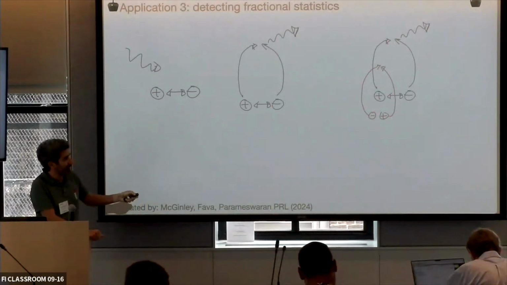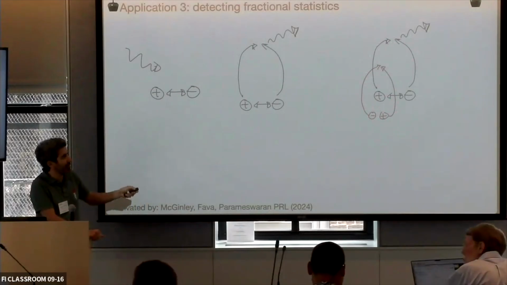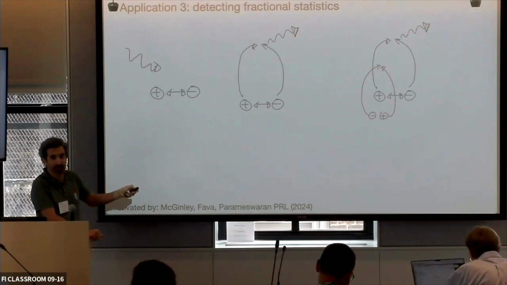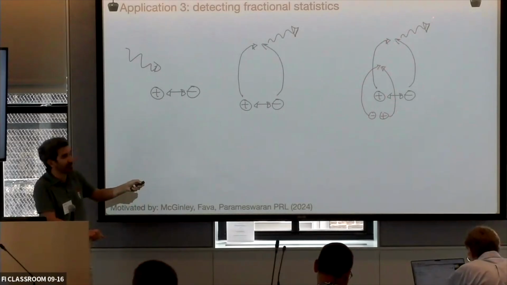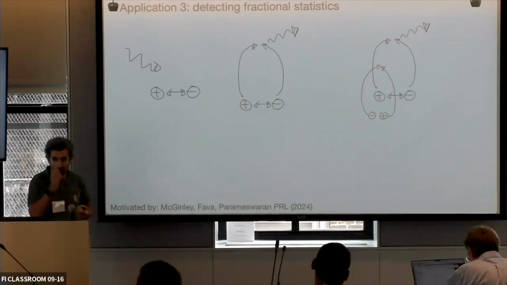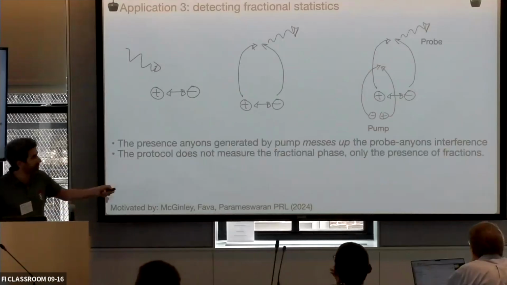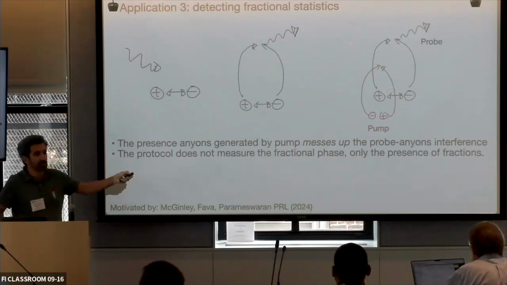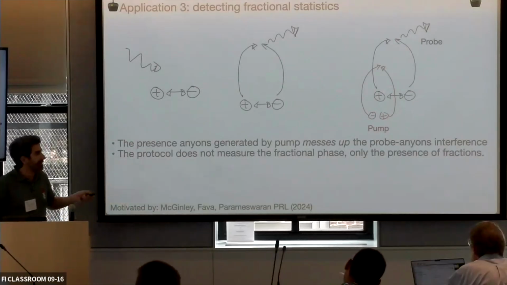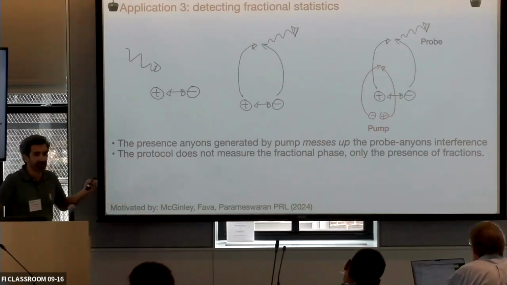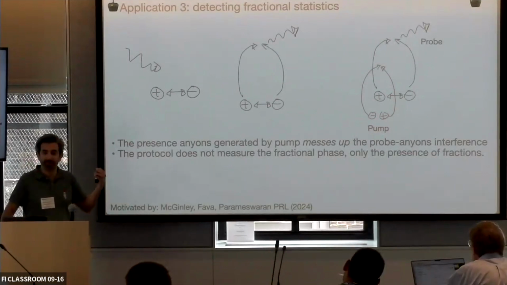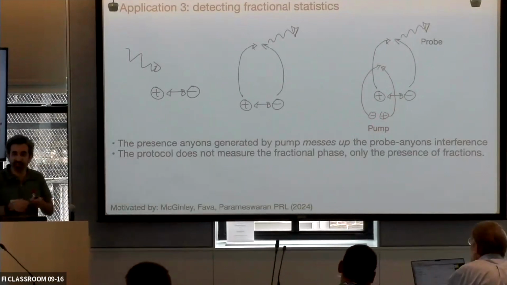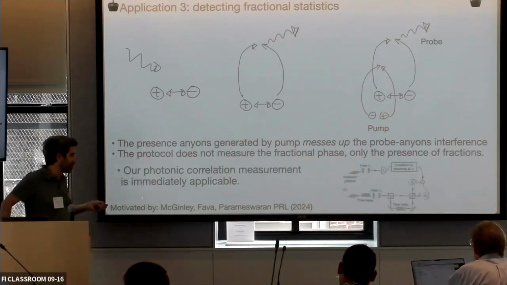If the path of these two anyons that have been created and then fuse interferes with this, it messes up the interference pattern of the original one, and the optical field that I'm detecting over here will be affected. So that's pretty much it. I can call this pump and probe. Depending on the presence of this pump, I should be able to see something in the probe. I'm not measuring any fractional statistics. I'm just feeling the presence of them, because if it's a fraction, it should mess up the interference, and that's pretty much it.